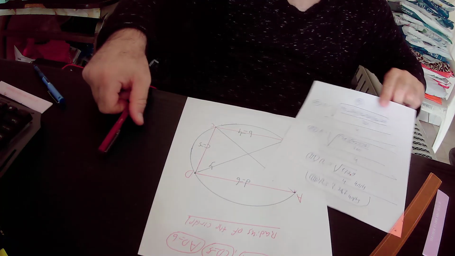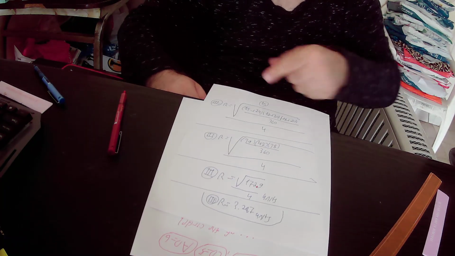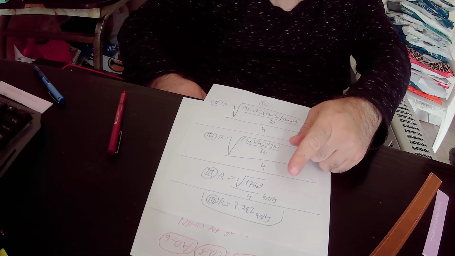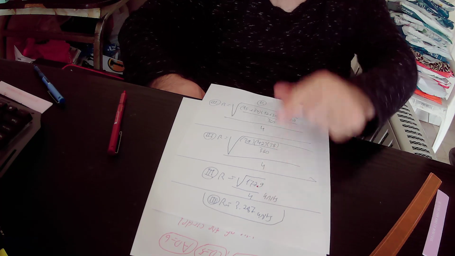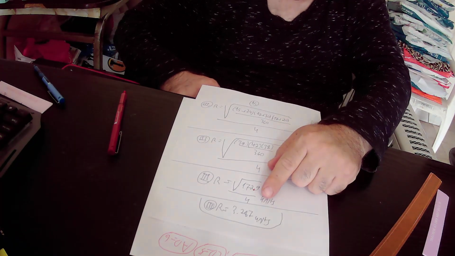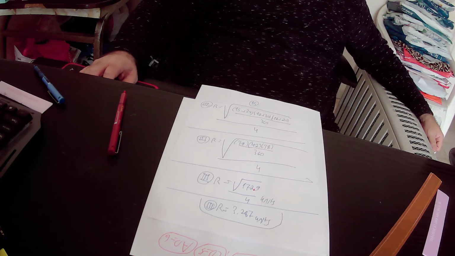I will repeat again, the radius of this circle will be equal to the root of 172.9 over 4 units, so in terms of numbers, the radius of this circle equals 3.287 units. Okay, thank you very much.